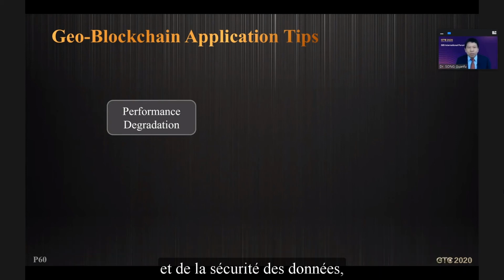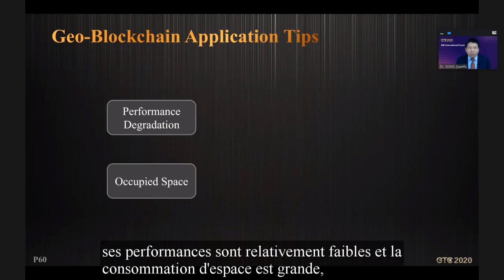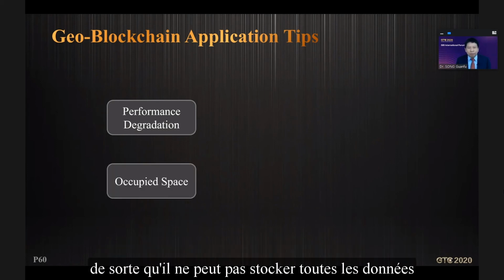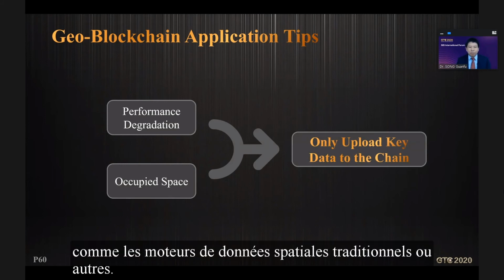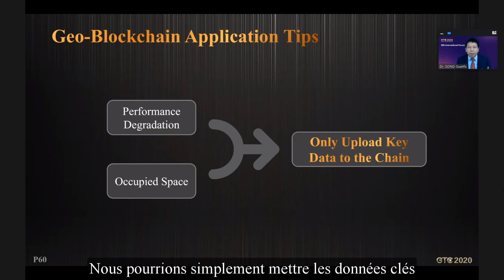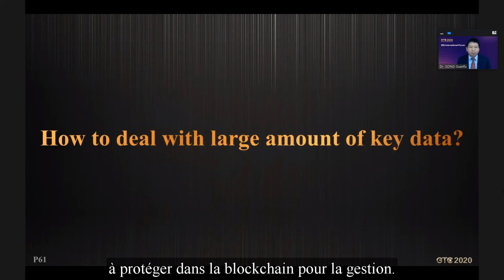Its performance is relatively low, and the space consumption is large, so it cannot store all data like a traditional spatial database engine. We could just put the key data to be protected in the blockchain for management.